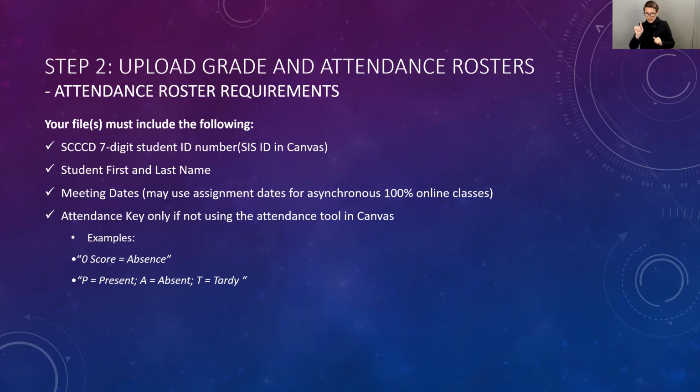You can use assignments for your attendance for asynchronous classes. An attendance key is needed only if you don't use the attendance tool, or if you do something a little different in how you take your attendance. We need to know how that goes. We do need to see their dates on there.